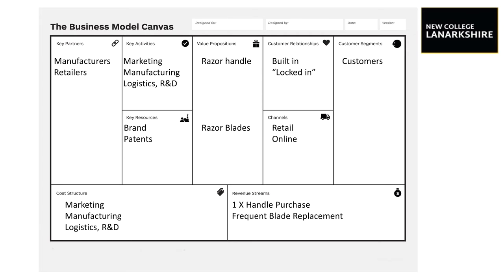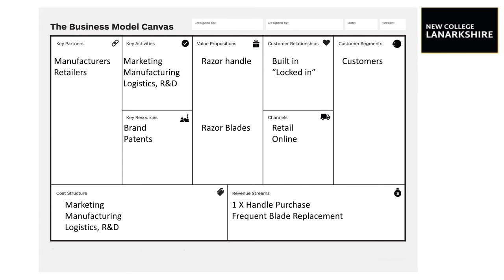I'm sure you can all visualise a razor blade and the types of razor blades out there in the market. And I'm sure you can visualise that they are all different, so therefore they all are patented. And also you find that blades are the same, so only one blade will fit a razor handle, so therefore they become unique, therefore making it a product that people require and need.